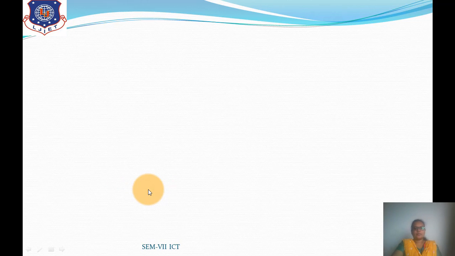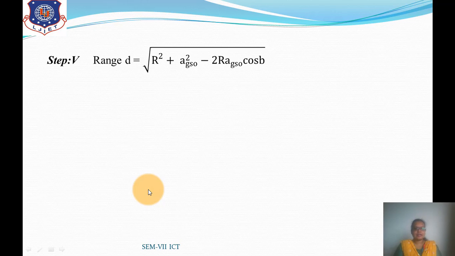Clear? Now, moving on to finding the elevation angle. But before finding the elevation angle, we need to find range D, that is range from earth surface to the satellite. Right? So, the range formula is D equal to under root r square plus AGSO square minus 2r into AGSO into cos B. AGSO is nothing but the radius of geostationary orbit, which is again constant.